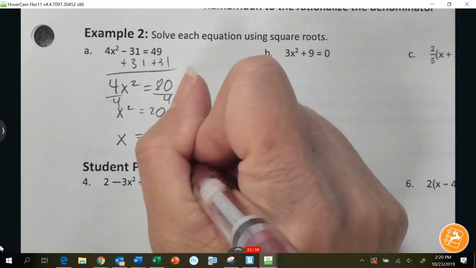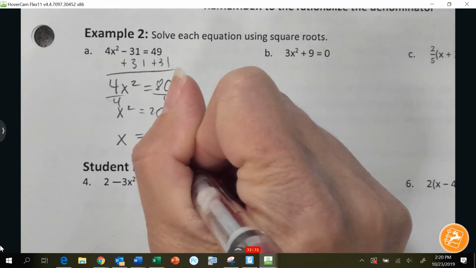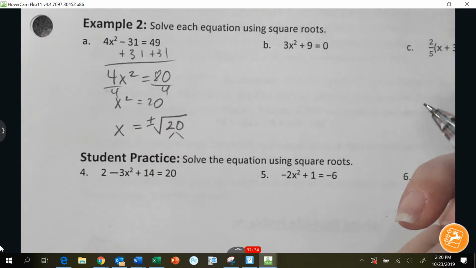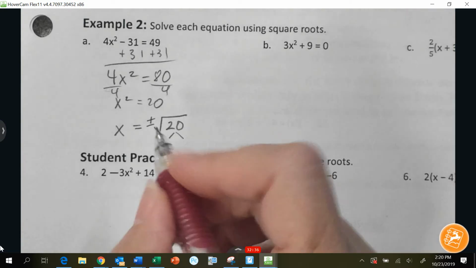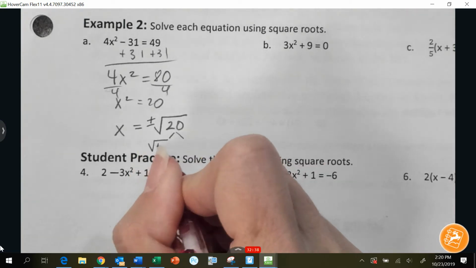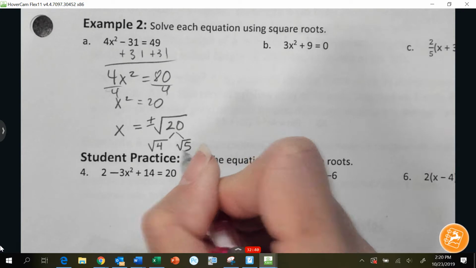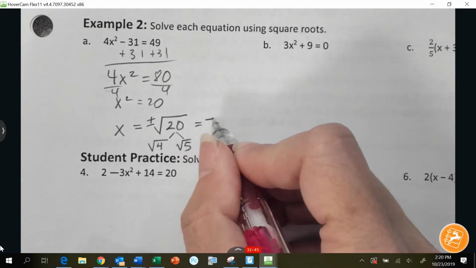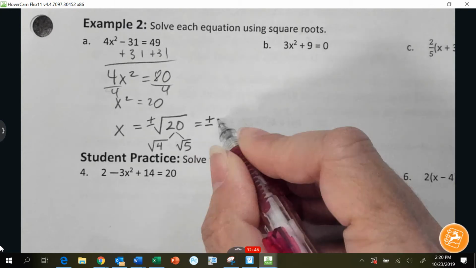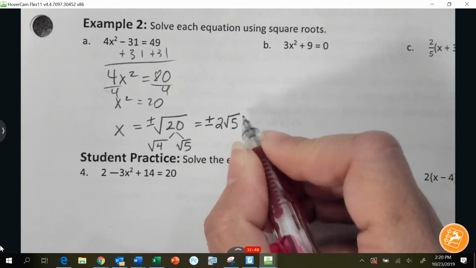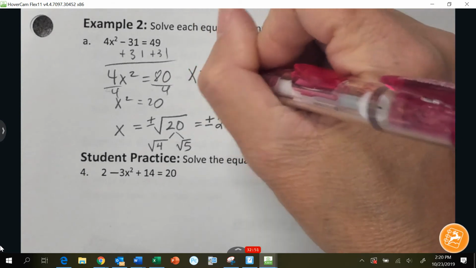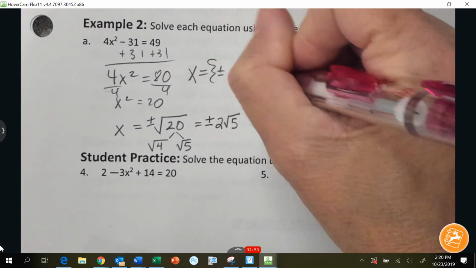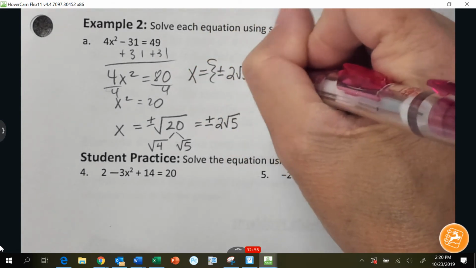Exactly. Now from here, last year you learned how to simplify radicals. You have to be able to simplify radicals as well. 20 is 4 times 5, so we simplify that to a perfect square, and what's left over? So it's plus or minus 2 square root 5. Those are my answers for x.